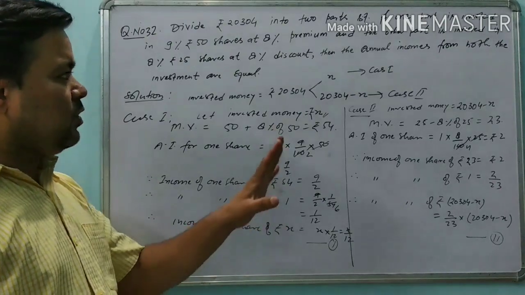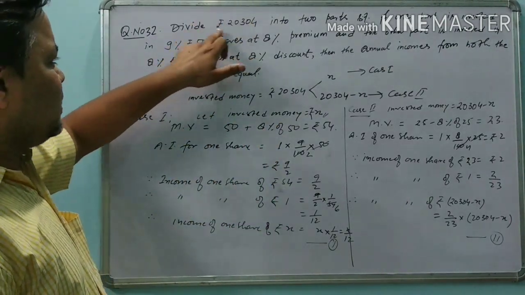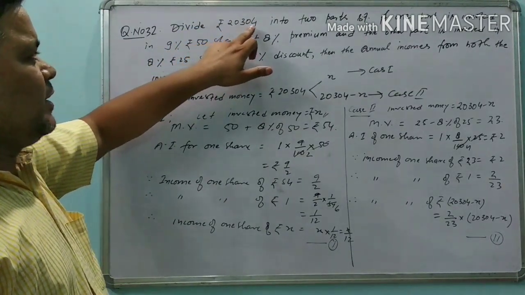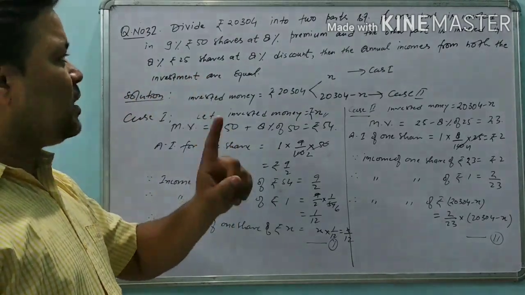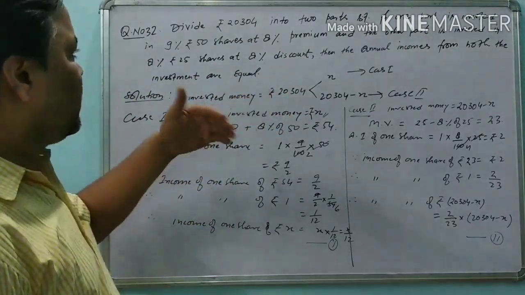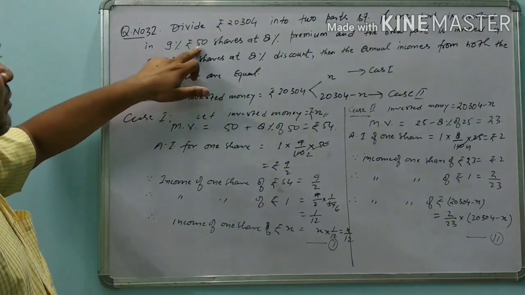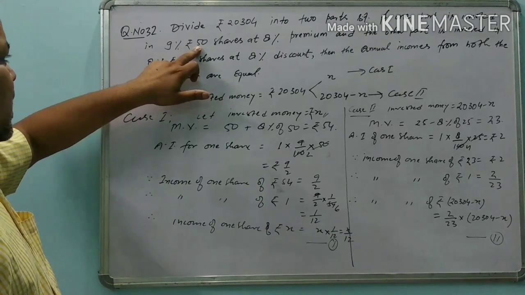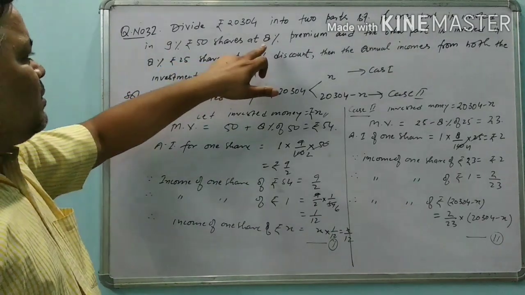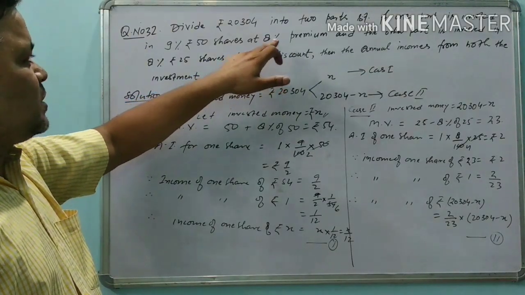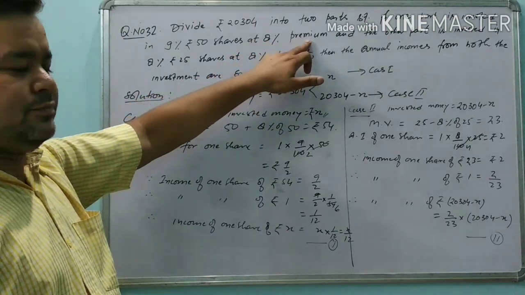Here, first of all, you should try to understand the question. Means the total amount of investment is 20,304 and it is divided in two parts. The first part of investment is invested in the first type of company whose face value is 50 rupees and rate of dividend is 9%, and the share is above par, which is at 8% premium.